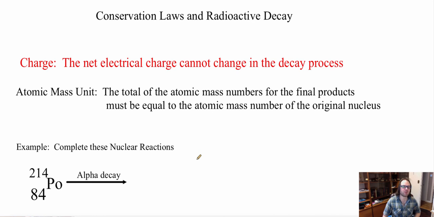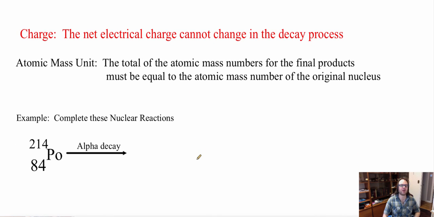So let's see what this means. First one here, we have polonium-214 undergoing alpha decay. For this, I like to write my alpha first. So we have an alpha decay, which is a helium. That means this polonium is going to lose 4 mass, neutrons and protons altogether, and 2 protons.